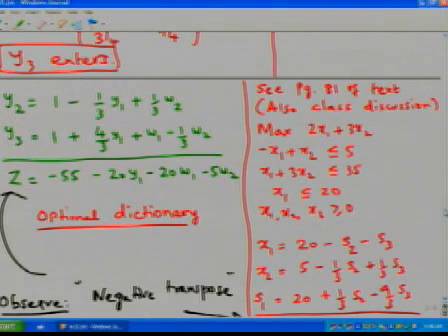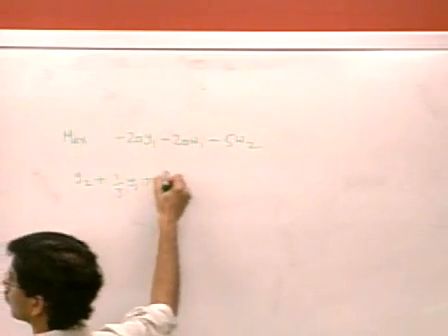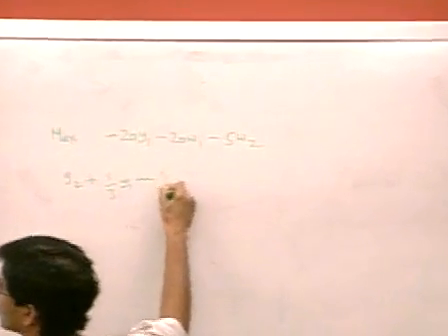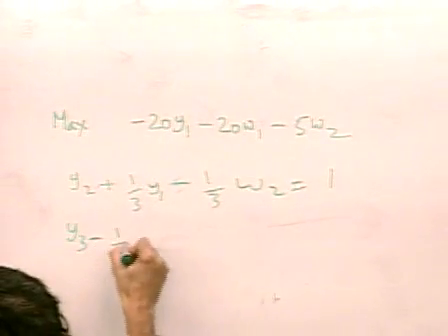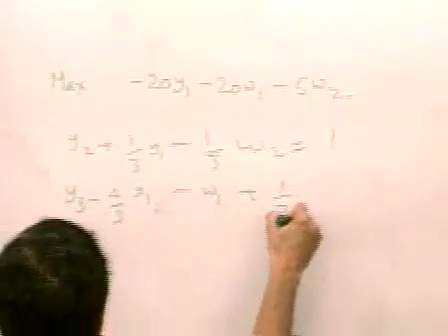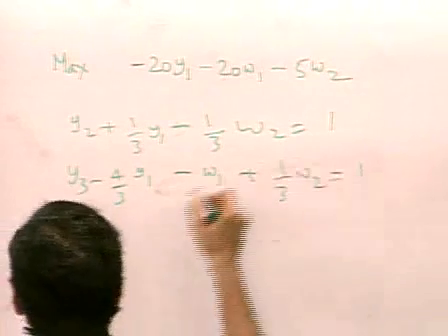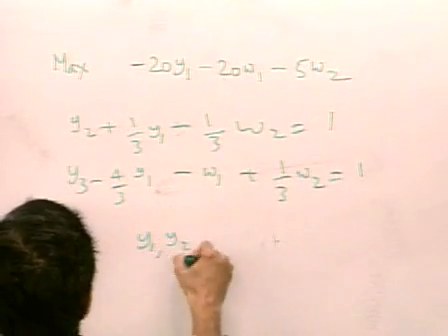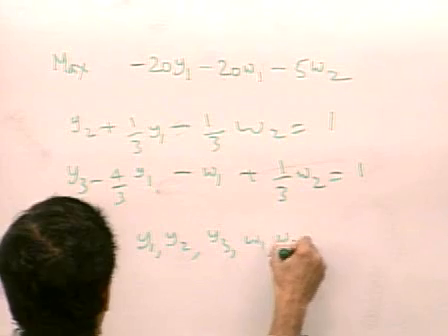I want to maximize minus 20y1 minus 20w1 minus 5w2 subject to y2 plus 1/3 y1 minus 1/3 w2 equals 1, y3 minus 4/3 y1 minus w1 minus 1/3 w2 equals 1, with y1, y2, y3, w1, w2 non-negative.